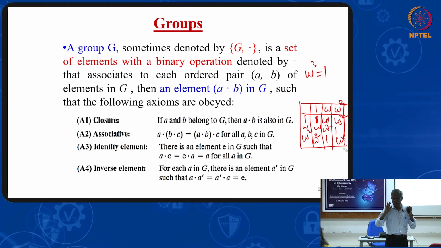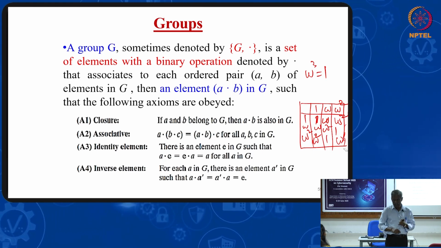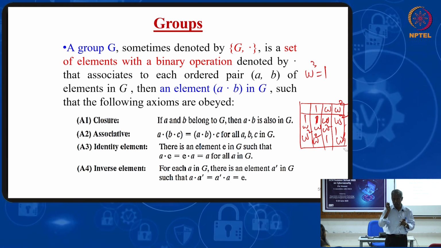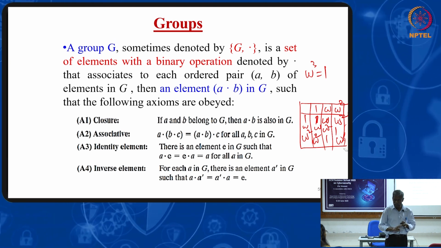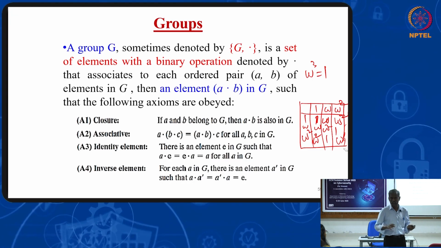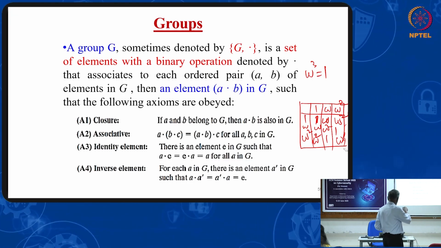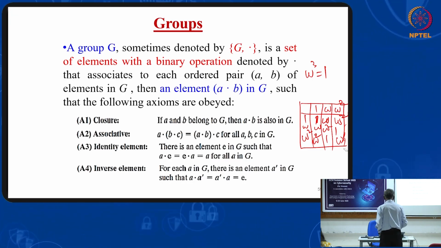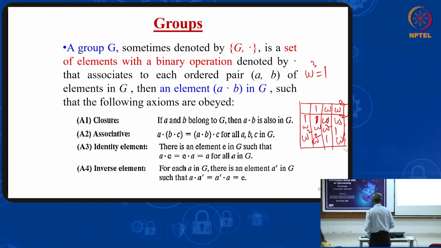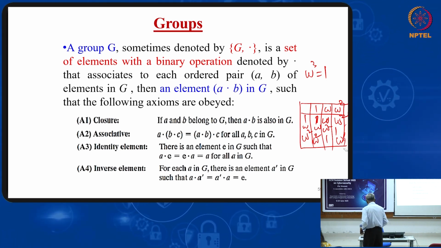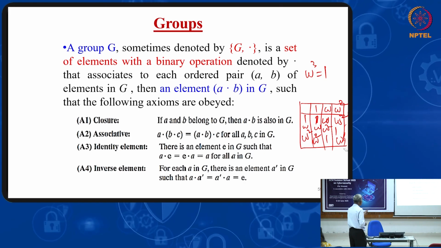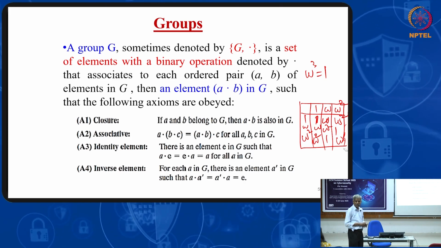Therefore, inverse also exists. Identity exists, inverse exists, closure property satisfied, associative property satisfied, therefore it is a group. You see the axioms, 4 axioms: closure property, associative property, identity element, inverse. These 4 properties are satisfied, so it is closed.